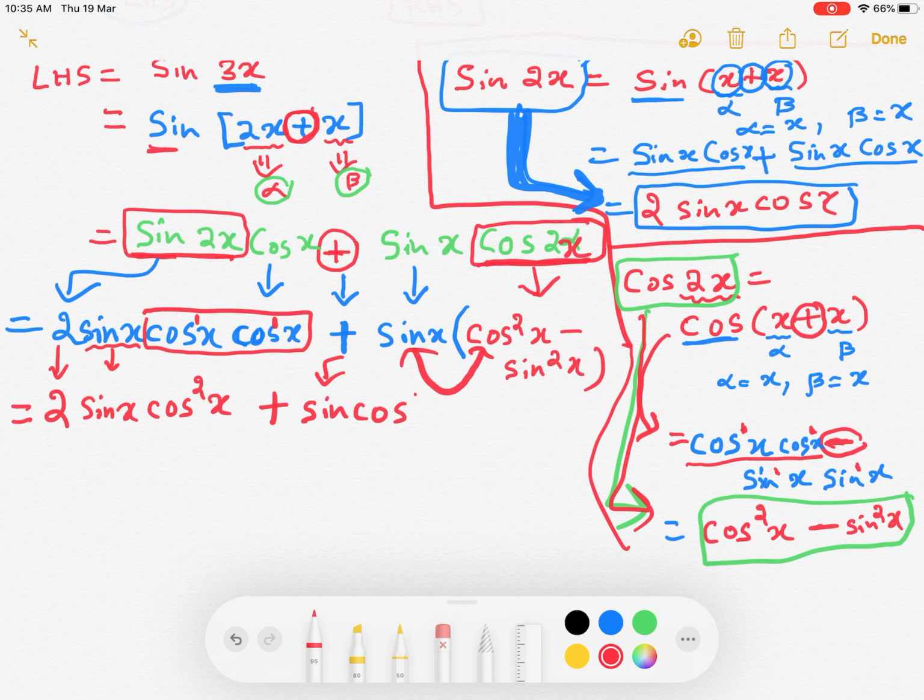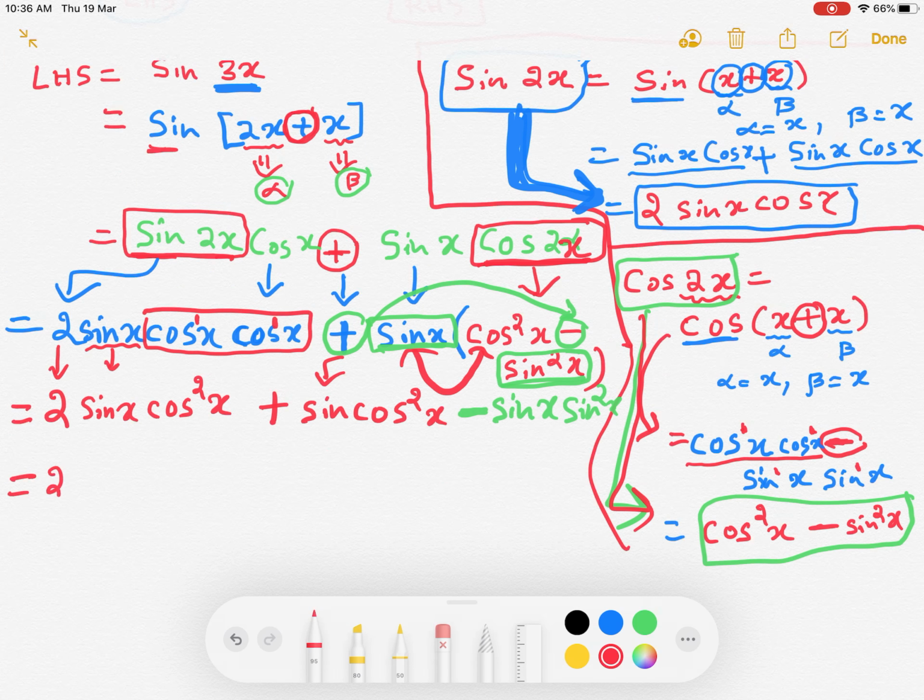Sine x into cosine square x. Here be very careful, plus into minus, so it will be minus sine x into sine square x.